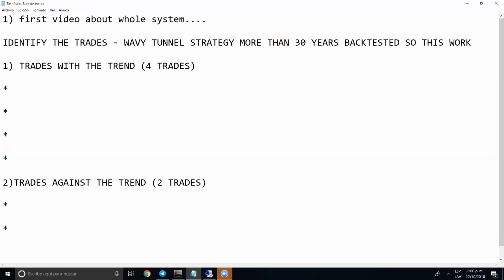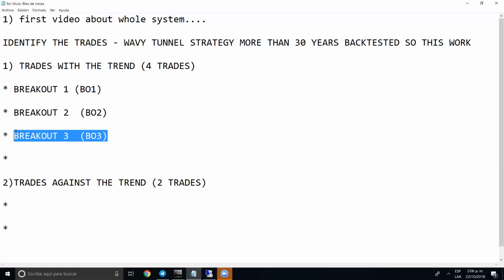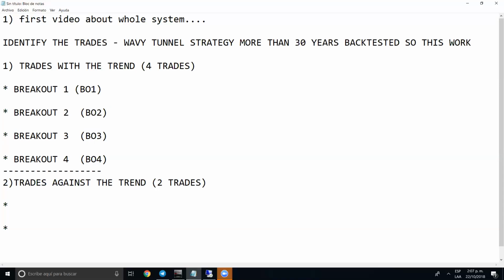The trades with the trend are called breakout 1 or BO1, the second is breakout 2 or BO2, breakout 3 or BO3, and breakout 4 or BO4.